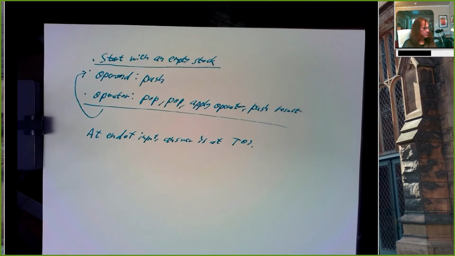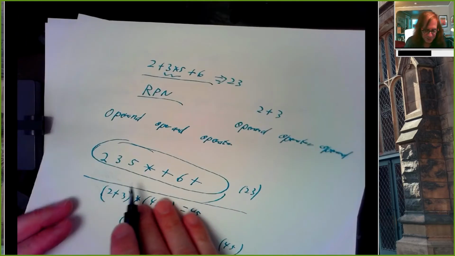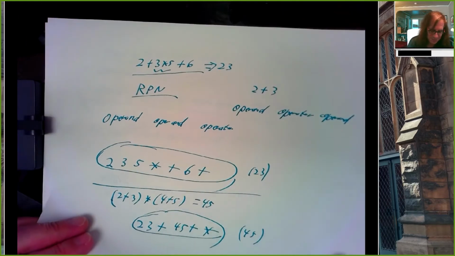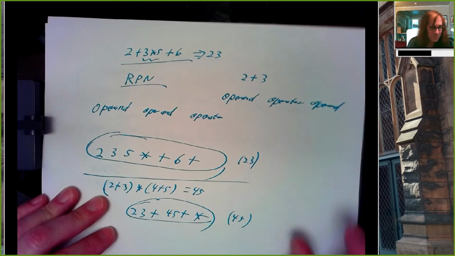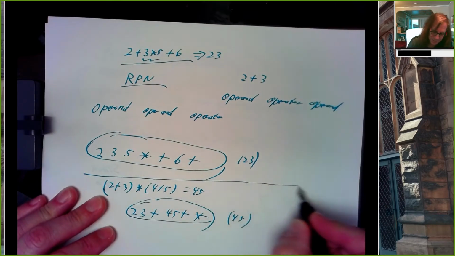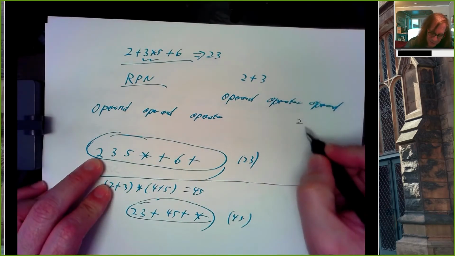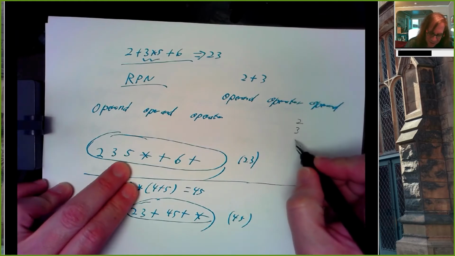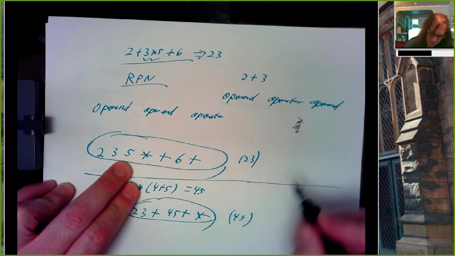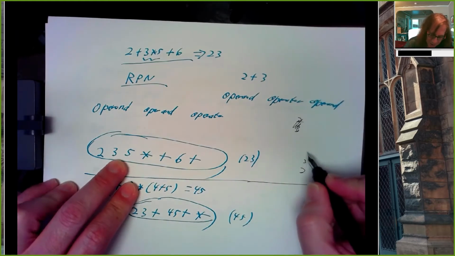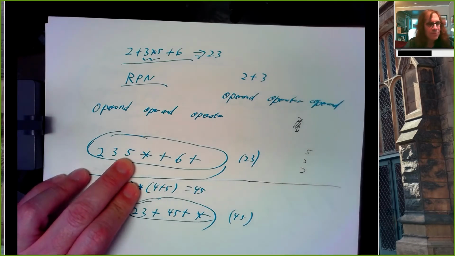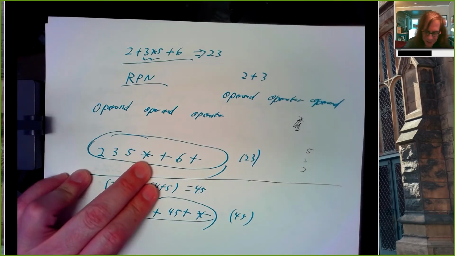All right, so what does this look like? Let's go ahead and do 2, 3, 5, star, plus, 6, plus. There's an operand 2. We'll put it on the stack. There's a 3. I'll grow the stack upwards. There's a 2, a 3, a 5. Here's a star, so what do we do?